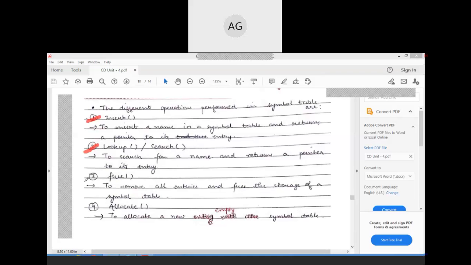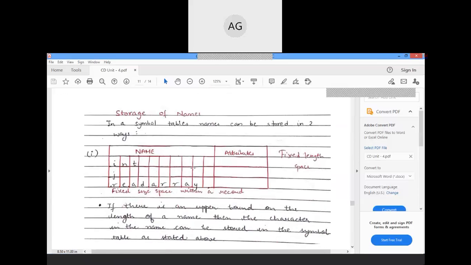Then the free operation: as the symbol table is full, or if we are not using the variable again, then we can free the storage space of the symbol table, so we can use the free operation. Then we can also use the allocate operation. So these are just self explanatory. So these operations we are going to perform in the symbol table.